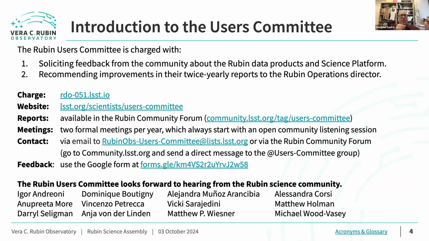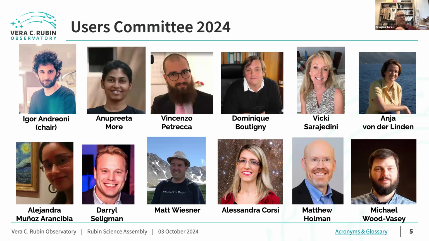There'll be a lot of useful links here for you to access, not only for this first slide but elsewhere. You can read the charge for the users committee, go to their website, and look at the reports. There's a contact email, and there's also a Google feedback form. There are 12 members on this committee. Here are photos.